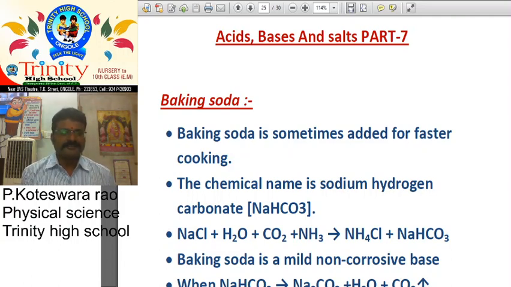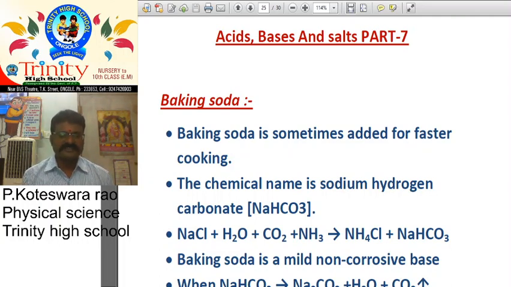Okay, shall we start our concept? Last session, acids, bases, and salts, part 6. What we discussed? We discussed the family of salts, and different types of salts, how we can categorize or divide them by one technique or method.